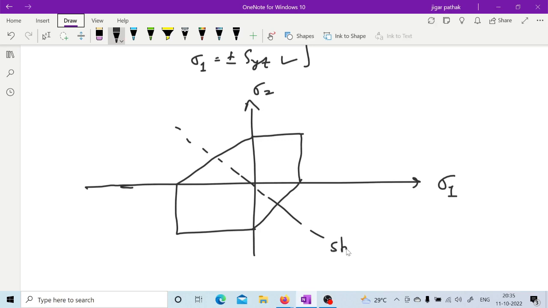This is known as the shear diagonal, because at those points sigma 1 will be equal to minus sigma 2, which is known as the condition of pure shear.